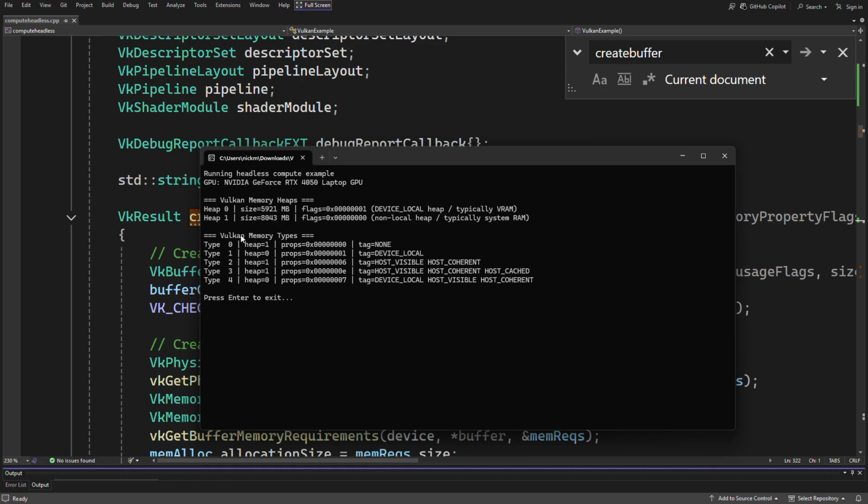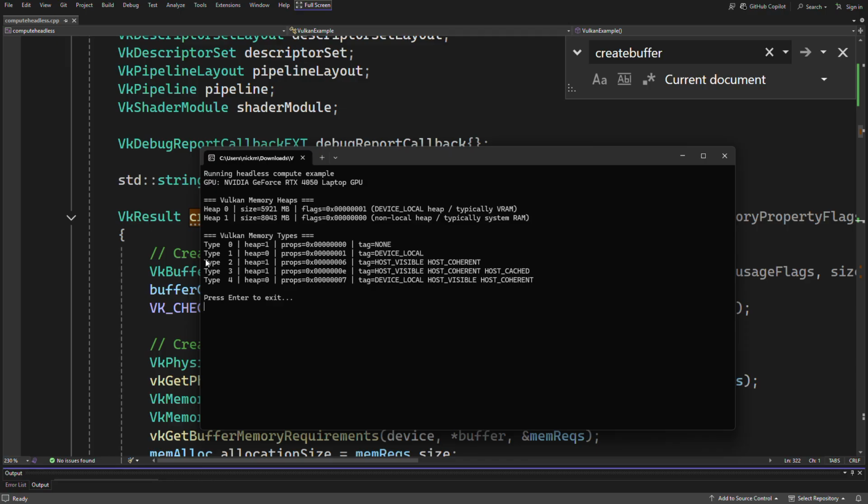When you start getting into Vulkan memory types, Vulkan memory types is just a labeling exercise. It's a labeling and a restriction exercise. Notice that we have a memory type of 0, a memory type of 1, a memory type of 2, a memory type of 3, a memory type of 4.